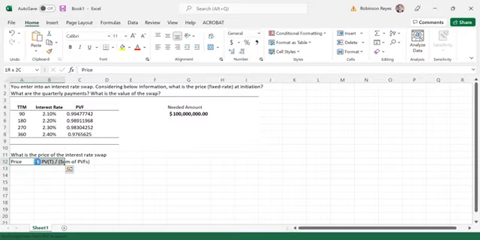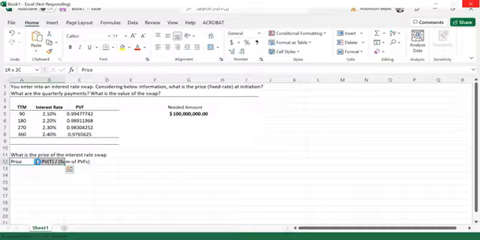I'm going to give Excel a couple of seconds as it is taking some time to format these cells, and then we will get this price very quickly. So what we will get is this fixed rate.